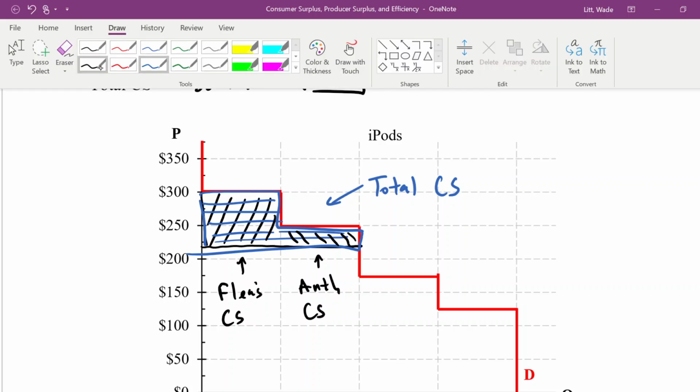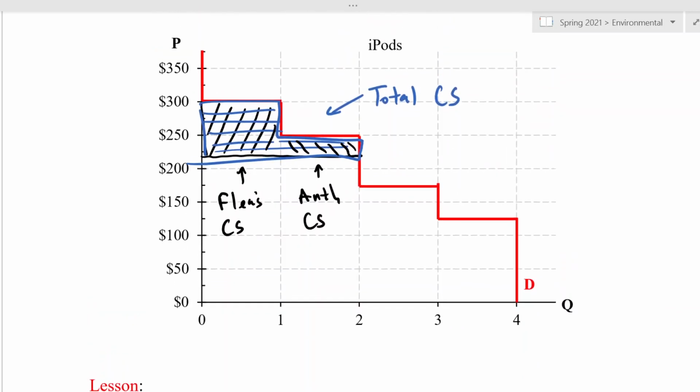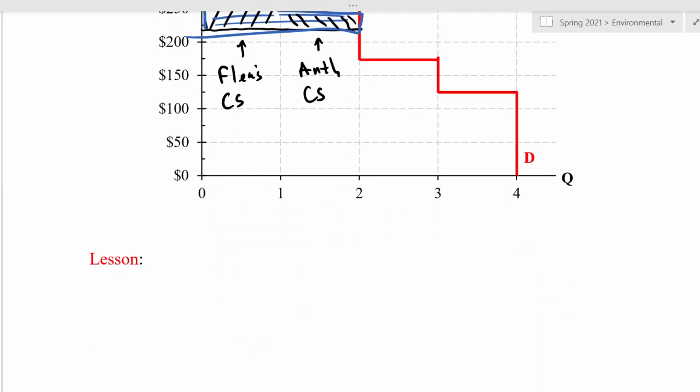Okay, and so here we can see as we add more and more people, the way that we're calculating consumer surplus is by whatever is under the demand curve at that price, the market price, from 0 to whatever the quantity demanded is at that price. So that's our little lesson here. Let's go ahead and write that down.